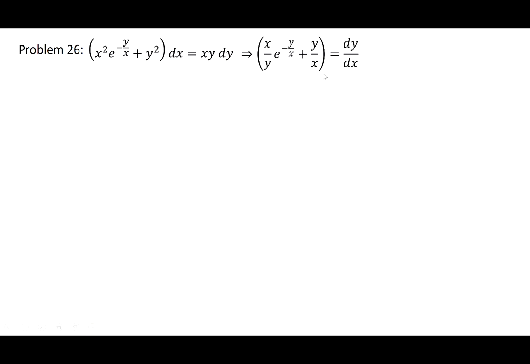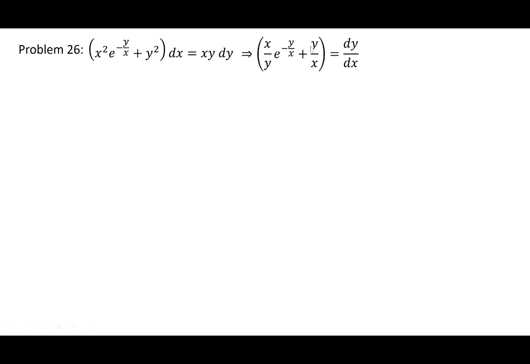What I said is okay, but looks like what I did instead is I divided throughout by xy. Ain't that clever? x square over xy becomes x over y. y square over xy becomes y over x, and that's equal to dy/dx.